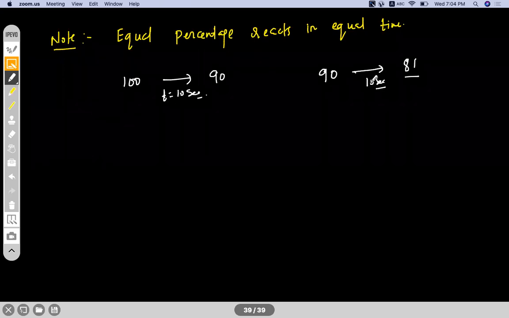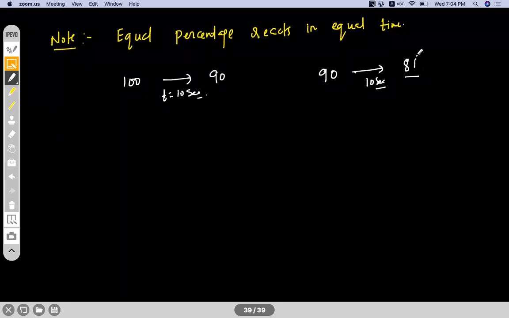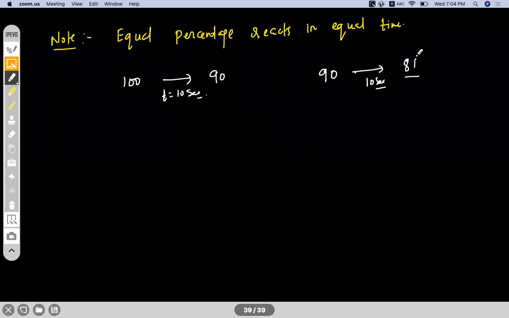So here also in 10 seconds, only 10% reacts. 10% of 90 is 9, so 90 minus 9 is 81 that is left here. So always remember, in first order it is GP. We are talking about equal percentage reacting in equal time. And in AP, that is the zero order reaction, equal amount reacts in equal time. So the first one we have amounts, here we have percentage.